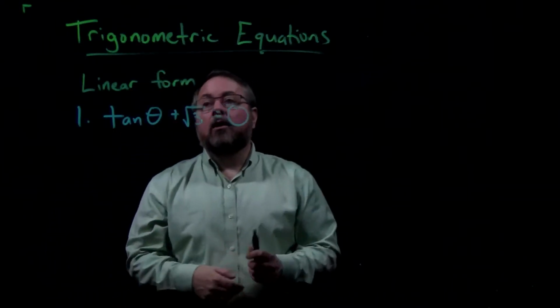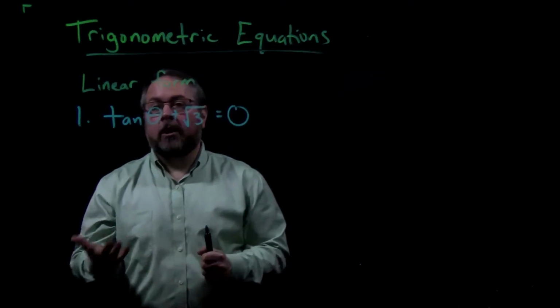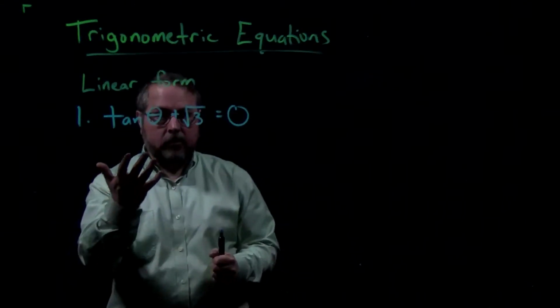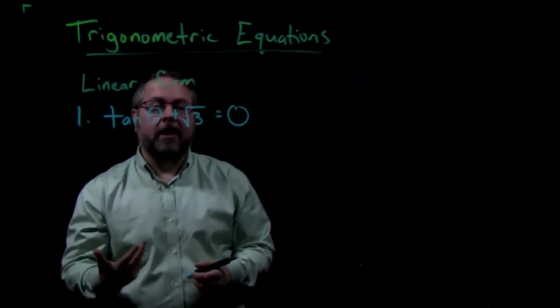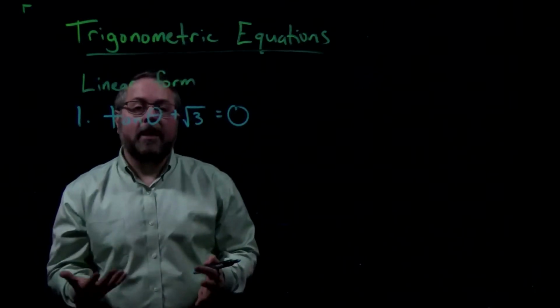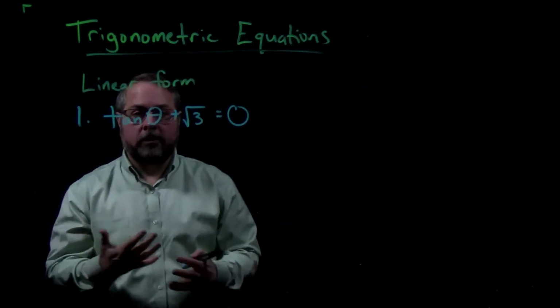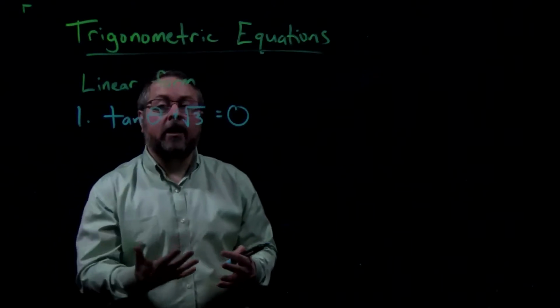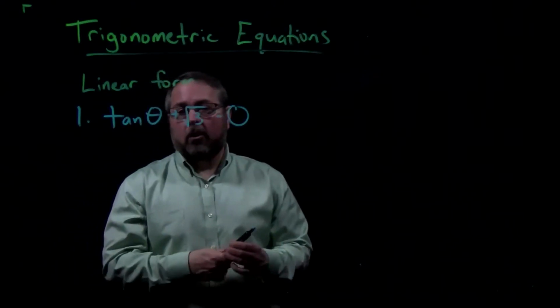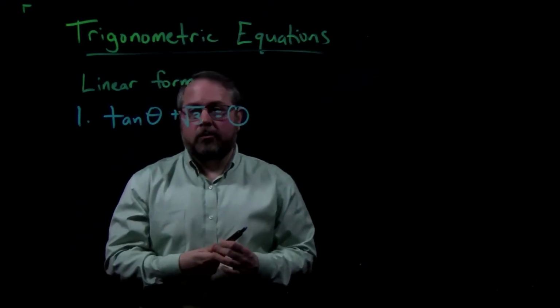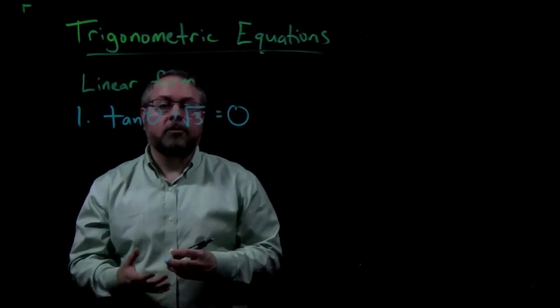Now, unlike equations that you run across in algebra, trigonometric equations, if they have solutions, will have infinitely many solutions because trig functions are periodic. They repeat values. And therefore, there are two different ways that we can look for solutions. The first would be solutions in an interval.